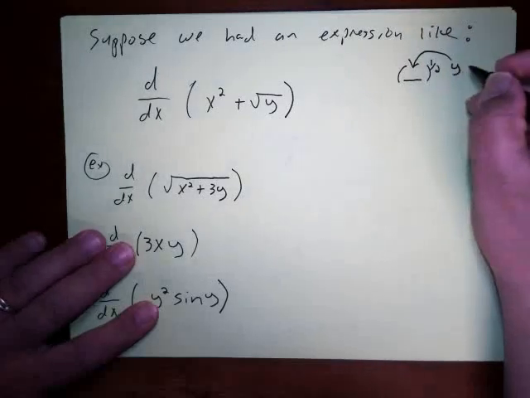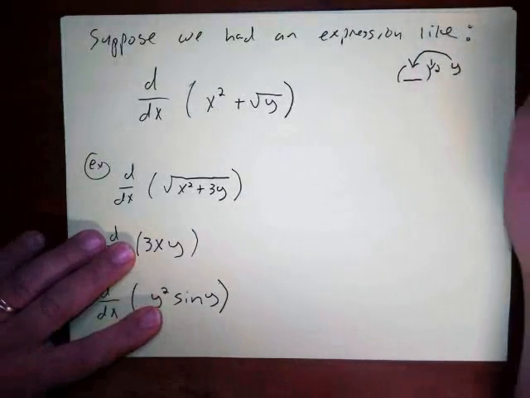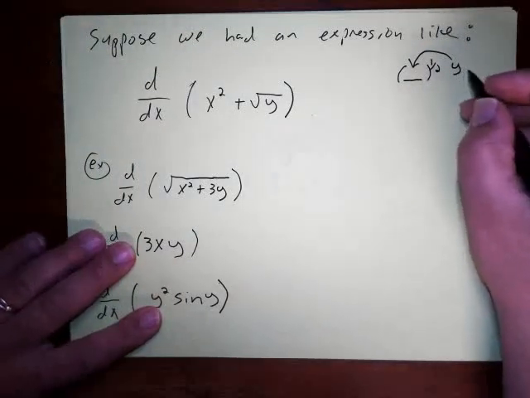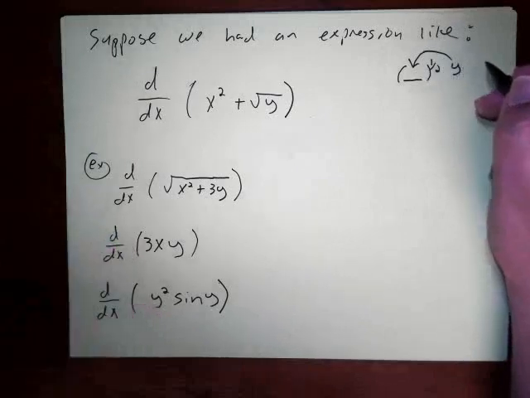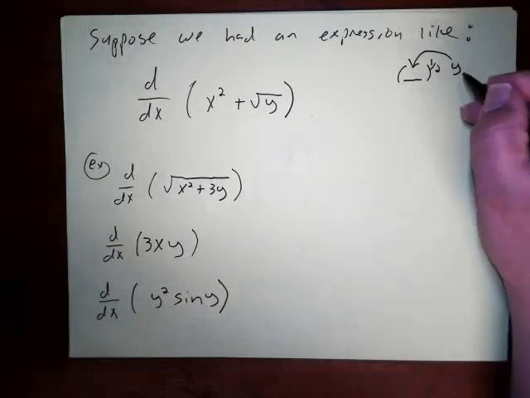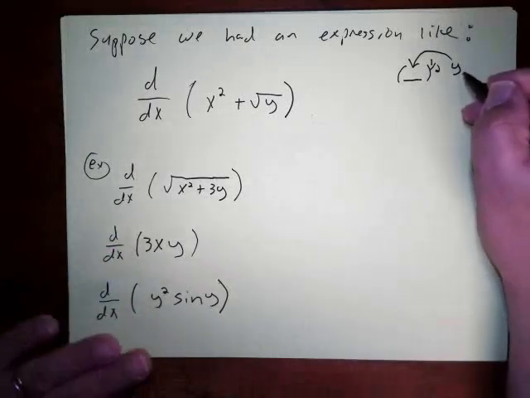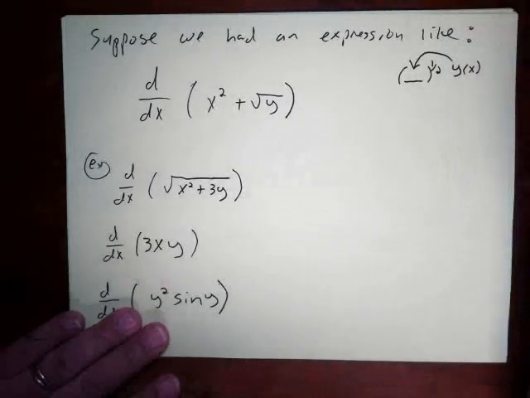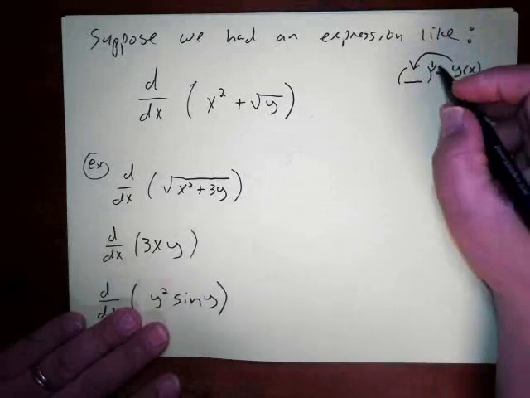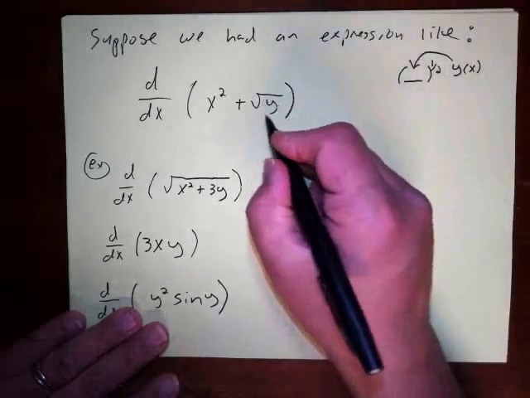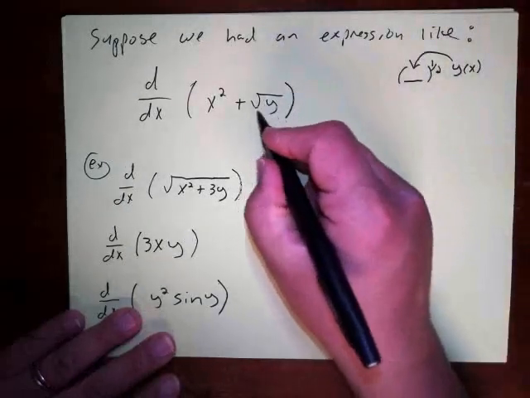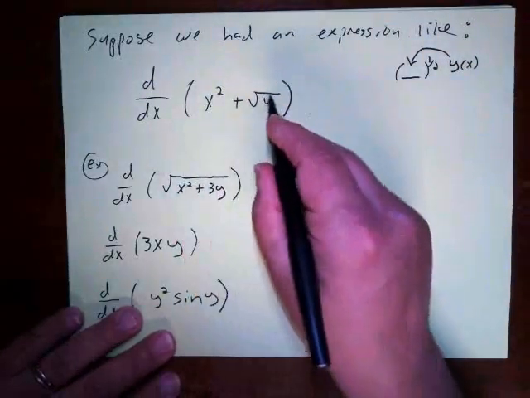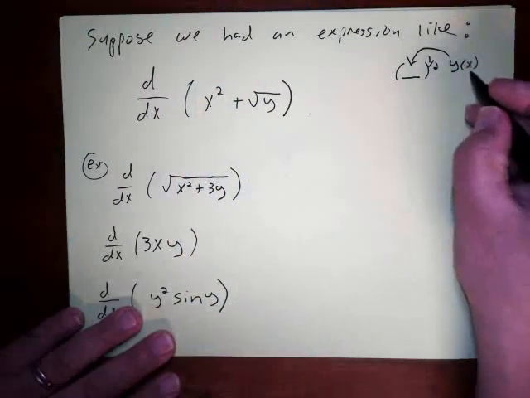But what I'm going to do is assume that y is some function of x. That's the implicit part. Implicitly it's some function of x, even if it's a constant function, in which case the derivative would be 0. So y of x is inside the half power. y of x is the inside function, the square root is the outside function, and this y is a function of x.